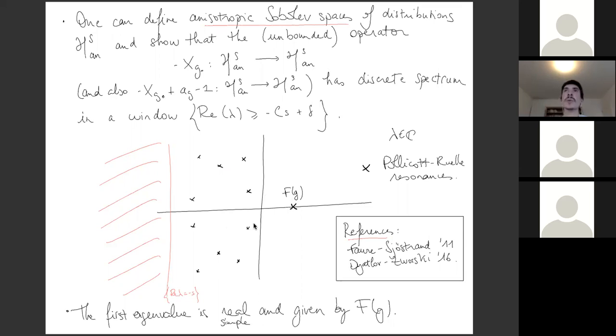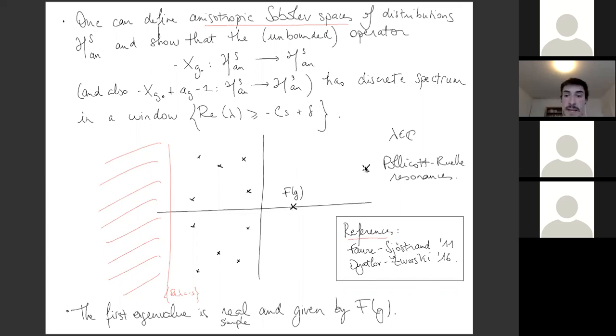This spectral gap implies the exponential mixing for the flow with respect to Gibbs states, things like this. So this spectral description is very important and is highly related to the dynamics of the flow. All right, so F of g, the pressure of a certain potential, is the leading eigenvalue of my operator here.